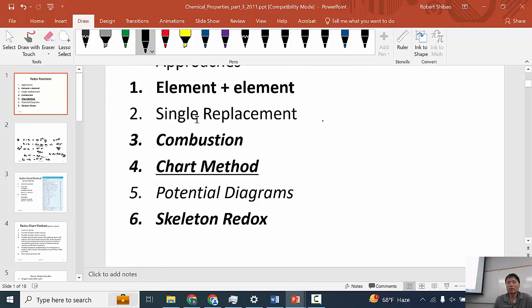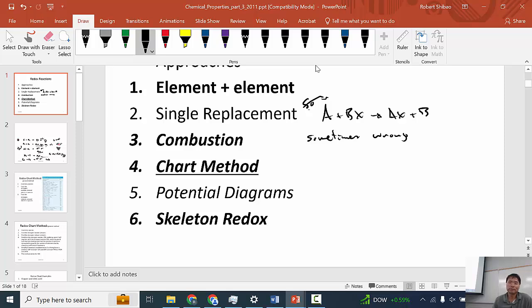Single replacement follows the A plus BX pattern. A plus BX yields AX plus B. But this is sometimes wrong. So sometimes you try to force a square peg into a round hole.